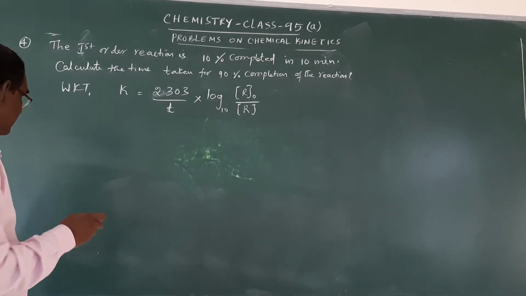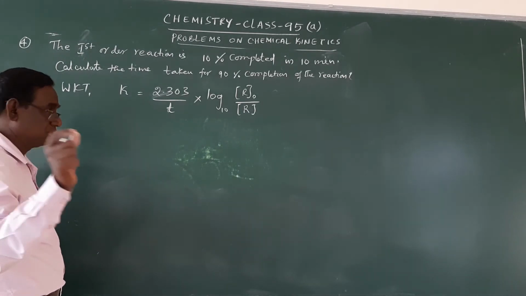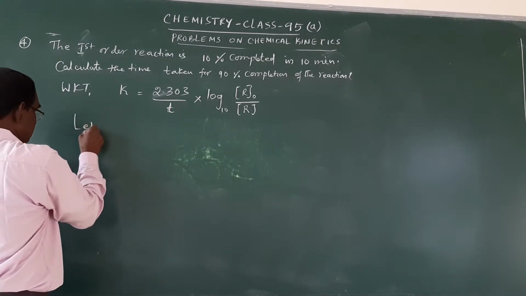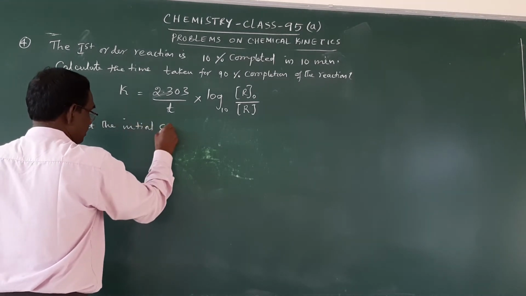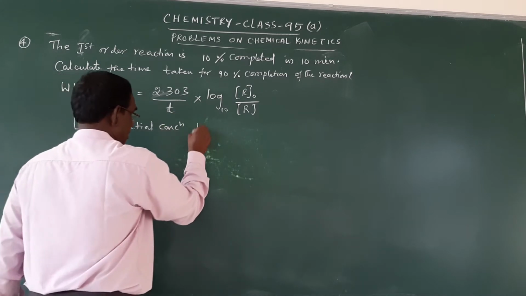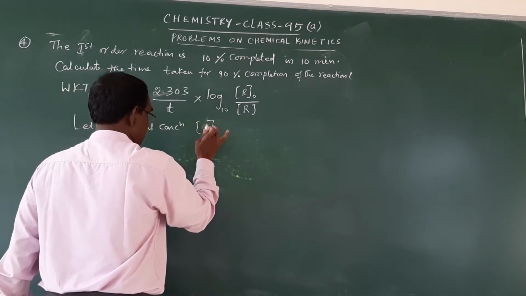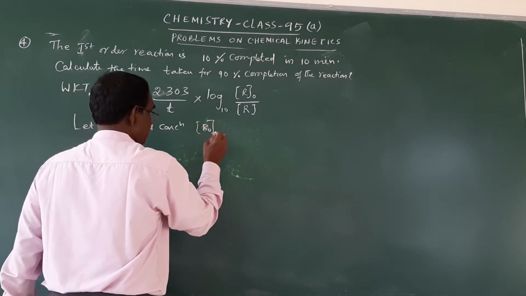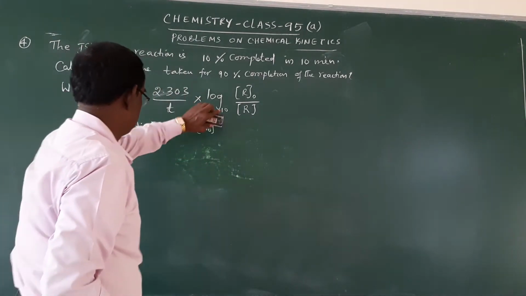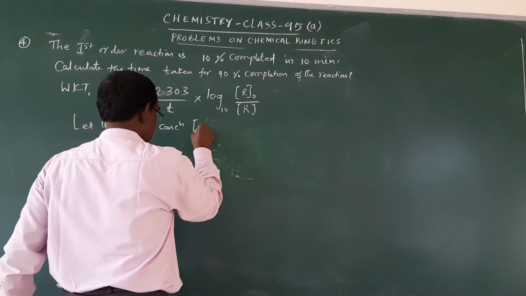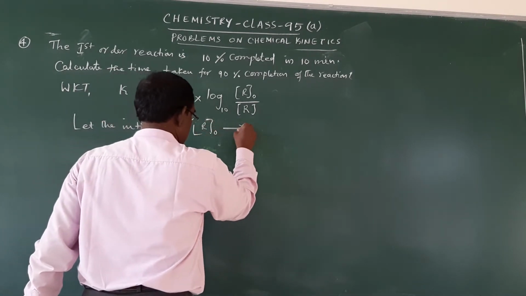Okay, so I am going to consider two options here. Let the initial concentration of the reactant, R naught, be equal to small a.